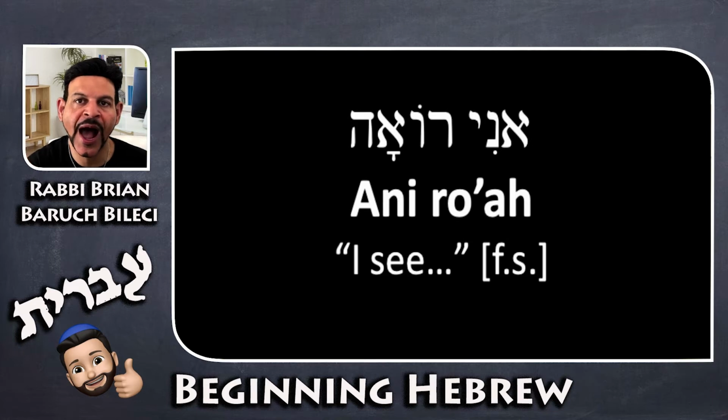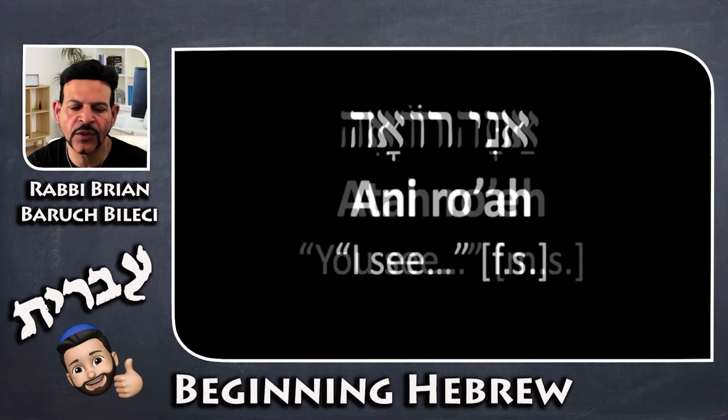Ani ro'ah. Ro'ah. So the ah sound usually indicates a feminine gendered noun, in this case a verb conjugation. So ani ro'ah. So a female must say that. It's not whether you're referring to a woman, it's referring to a woman saying these words, ani ro'ah.